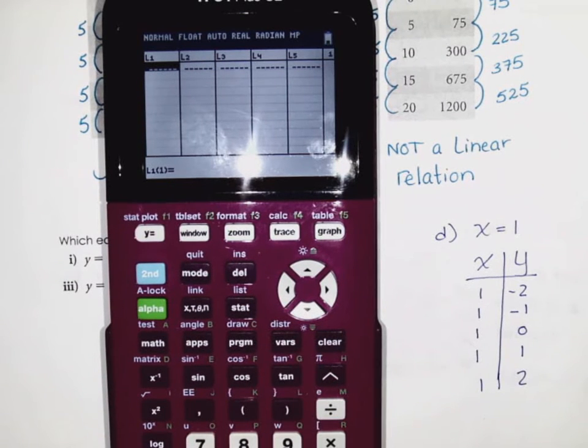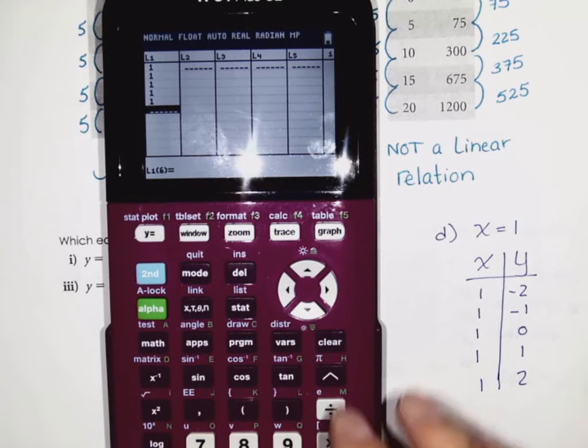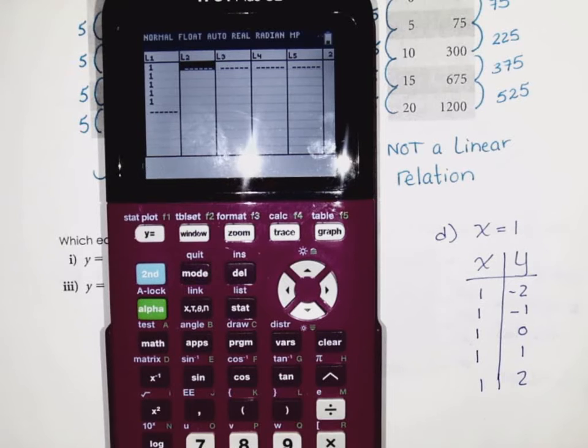What's in list 1? List 1 is all of my x values. So 1, enter, 1, enter, 1, enter. I have 5 in there. Okay, in list 2, I'm going to put -2, and remember you have to use the negative key, not the subtraction sign.